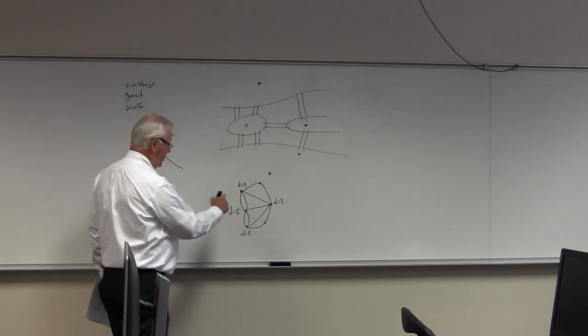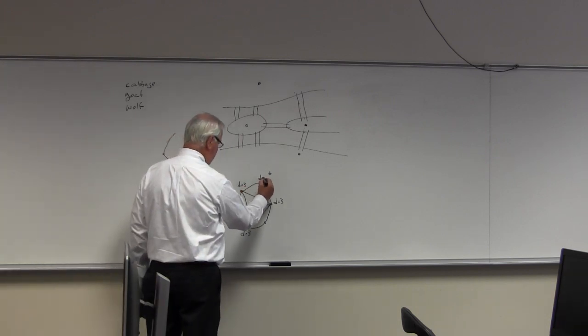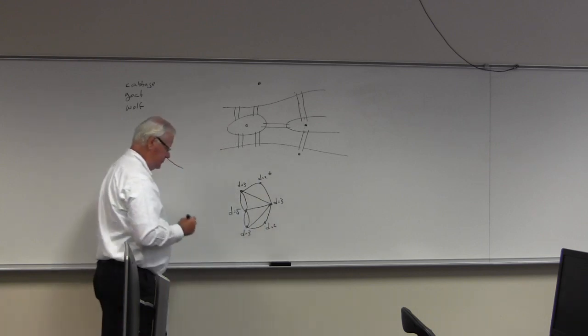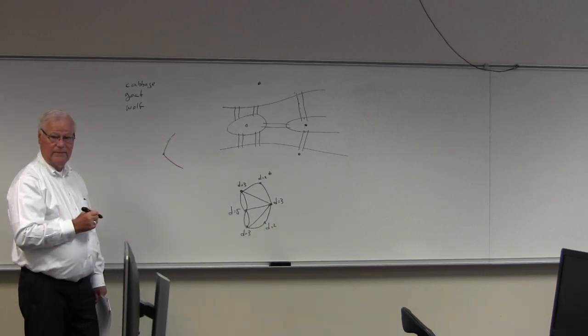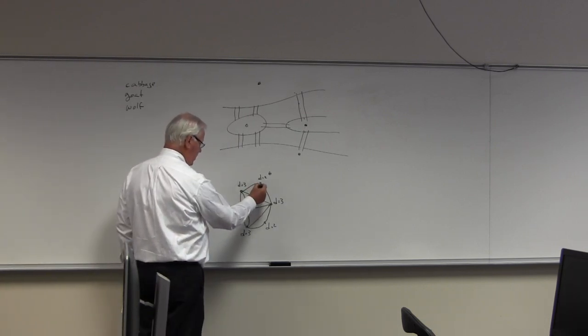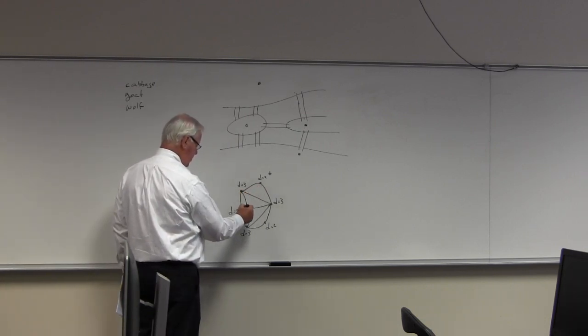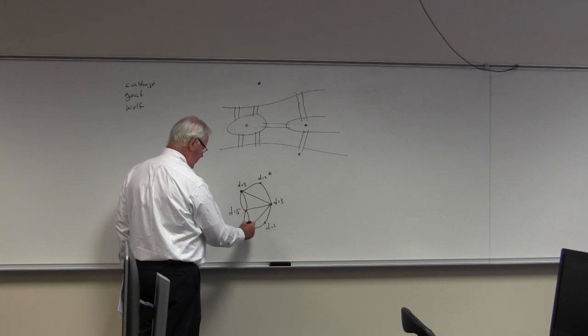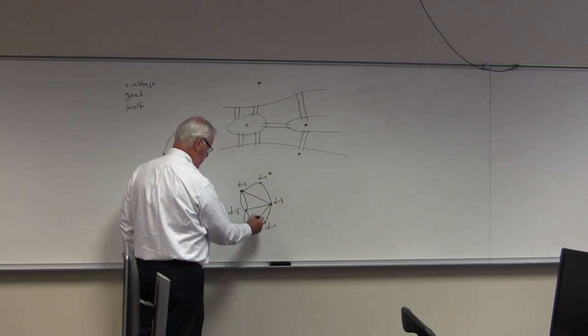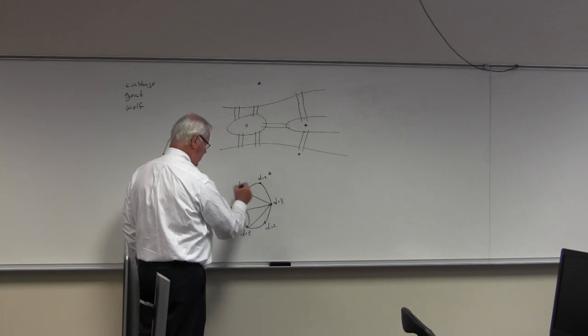The degree of this vertex is 2, and this one has a degree of 2. Now, if I were to start here, I could go to here, to here, to here. I could go back again, go to here, go to here, to here, back to there, and then here, couldn't I?